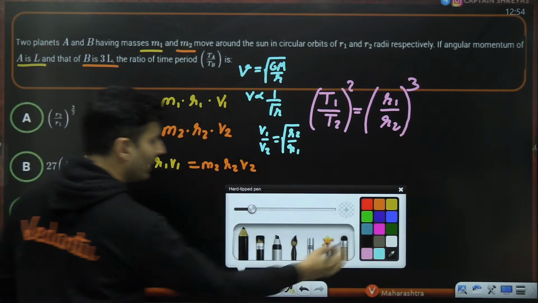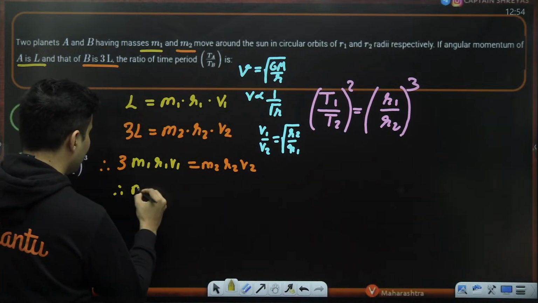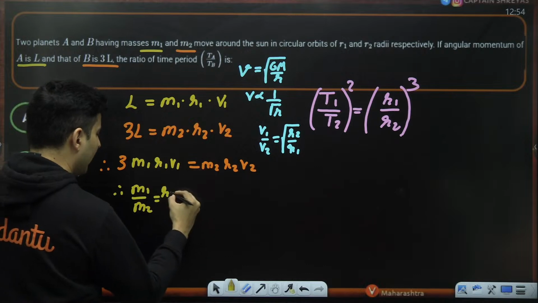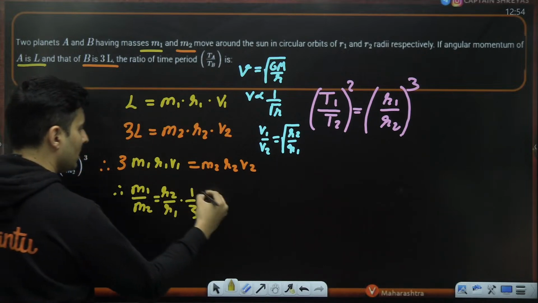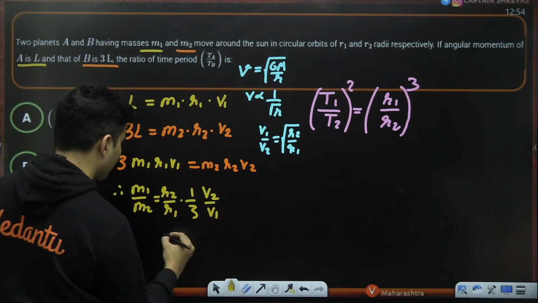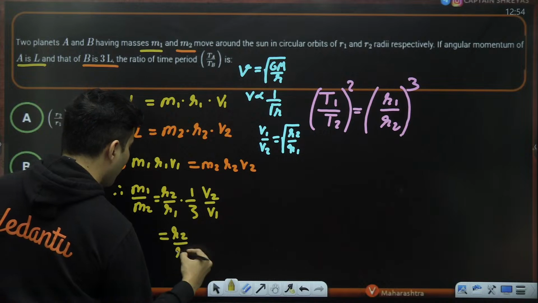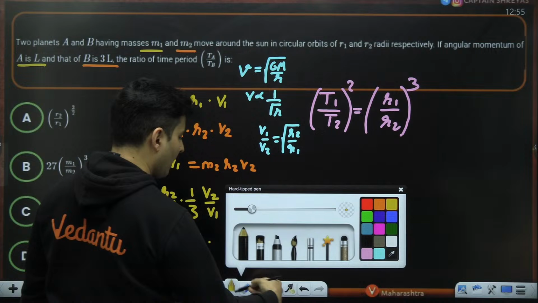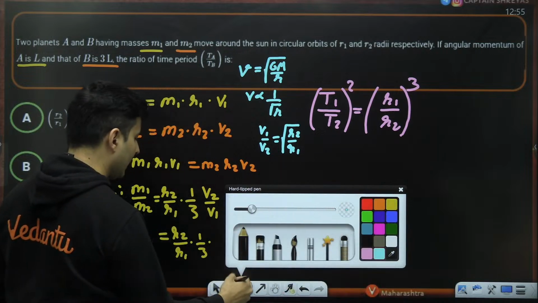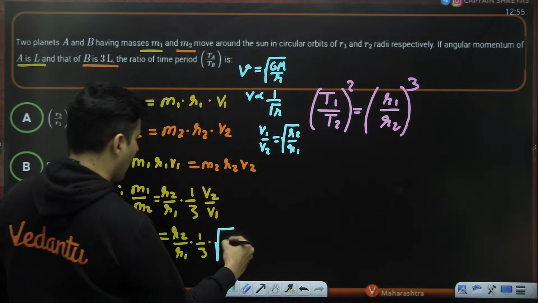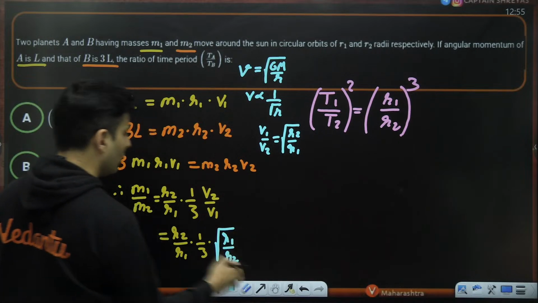So from over here, when I write m1 by m2, it is nothing but r2 by r1, and that number 1 by 3 also comes, and this will become v2 by v1. I can write this as r2 by r1 into 1 by 3. Instead of v2 by v1, I can write it as root of r1 by r2.